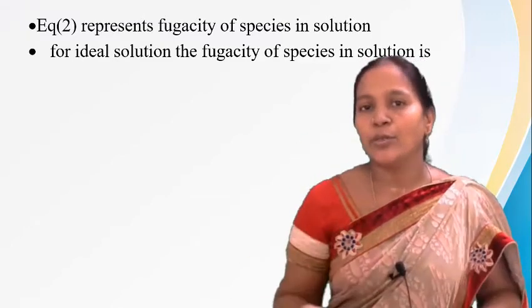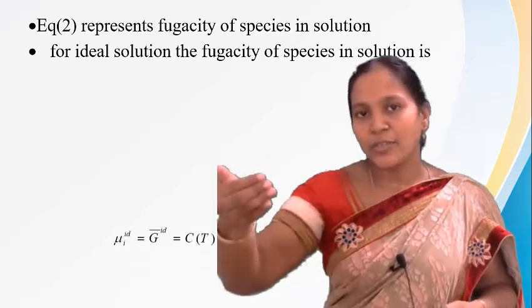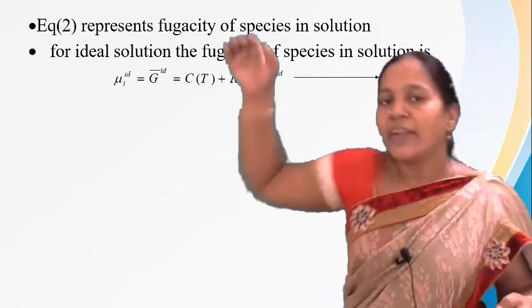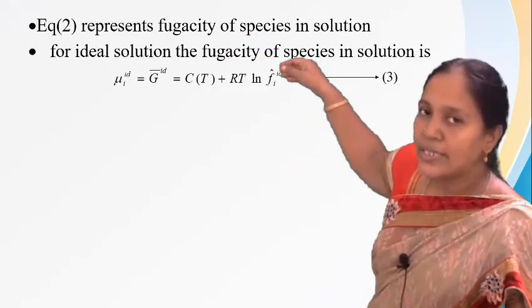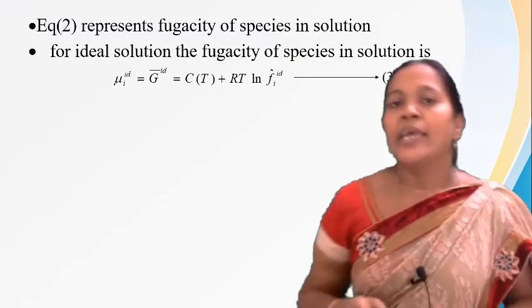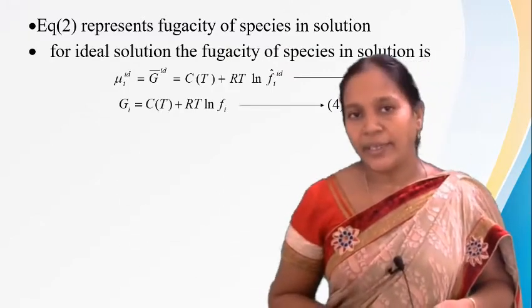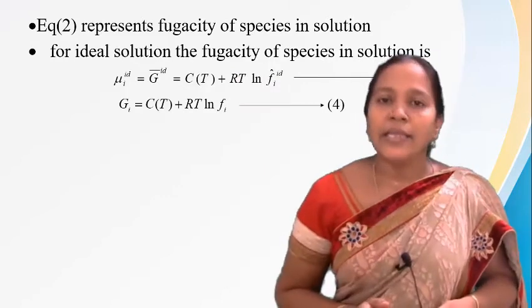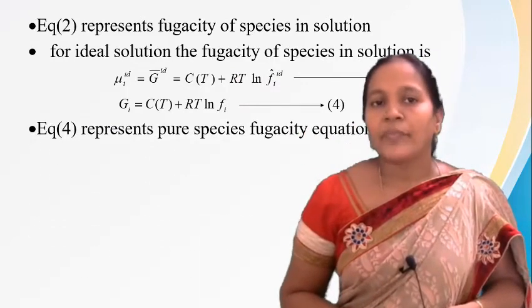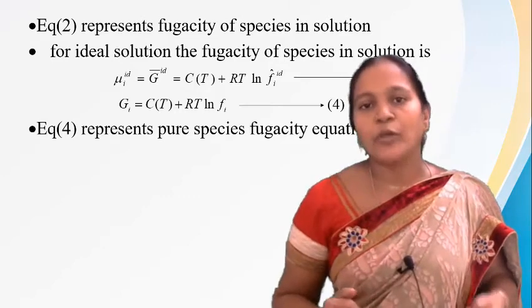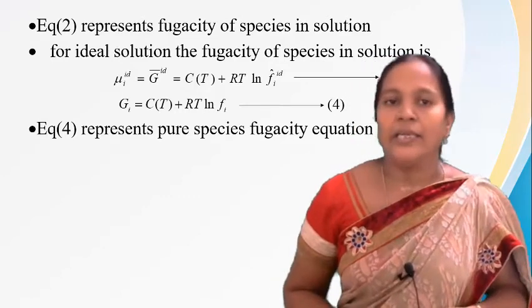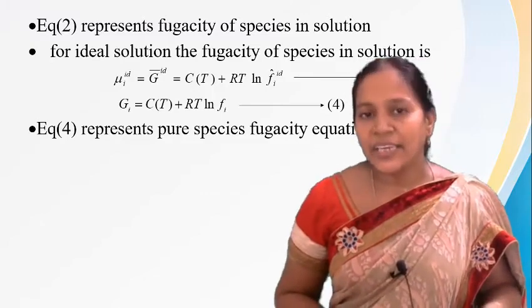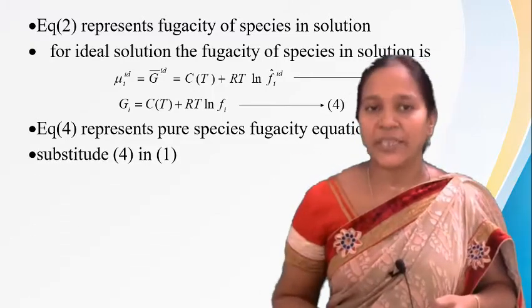For ideal solution, the fugacity of species in solution: mu i ID is equal to G bar i ID is equal to C of T plus RT ln Fi cap ID. Here Gi is equal to C of T plus RT ln Fi. Equation 4 represents the fugacity equation for pure species.